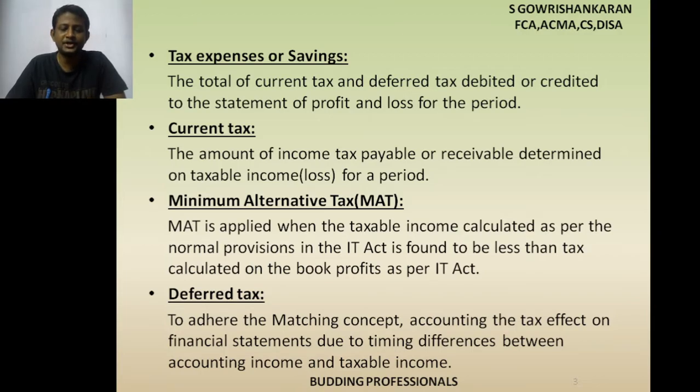I am preparing Schedule 3, I am preparing the financial statements. That is based on what? That is based on generally accepted accounting principles. Based on generally accepted accounting principles, I arrived at my profit. But the provision for tax, current tax, is not arrived at based on generally accepted accounting principles. That current tax is arrived at based on the income tax provisions.